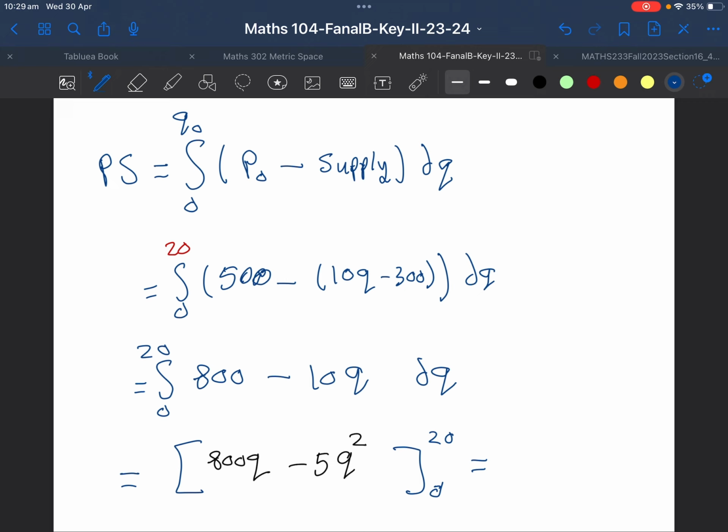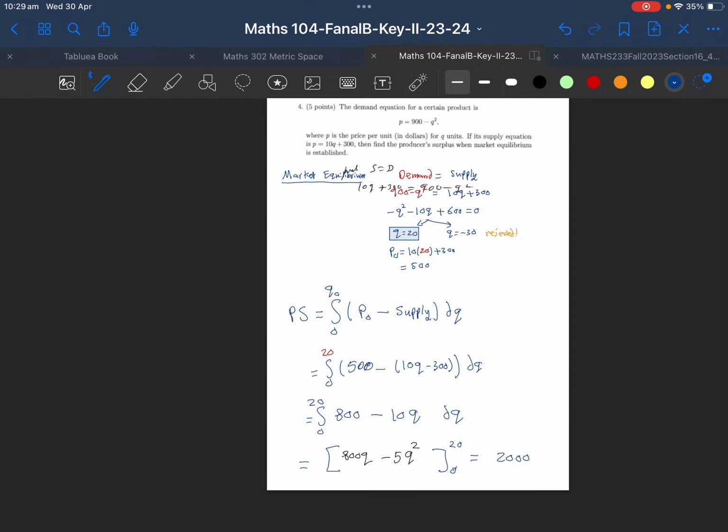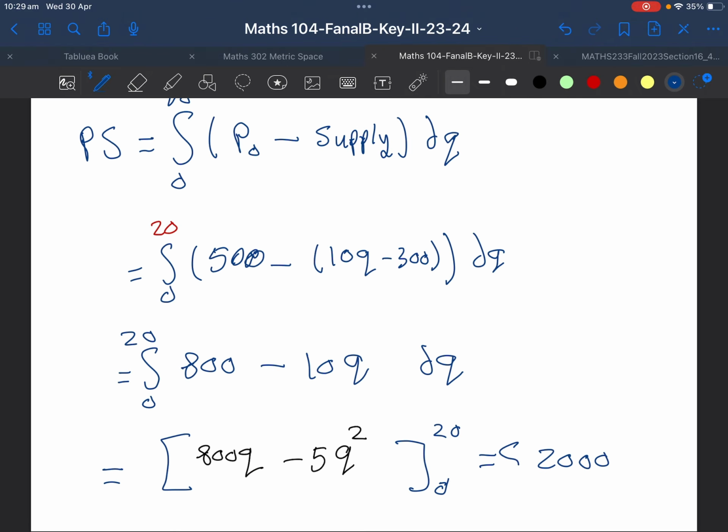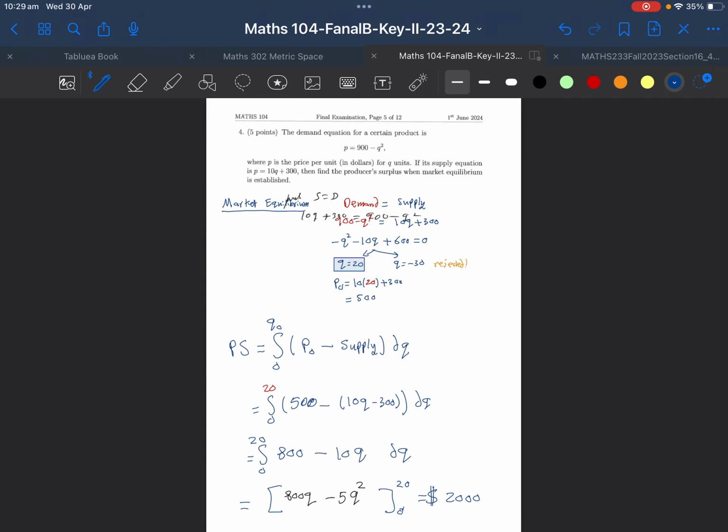And that's the answer. One time we substitute 20, the other time we substitute 0. So the final answer will be just 2,000. And I think the unit is dollars, so we just use the dollar sign. And that's how we solve the producer surplus.